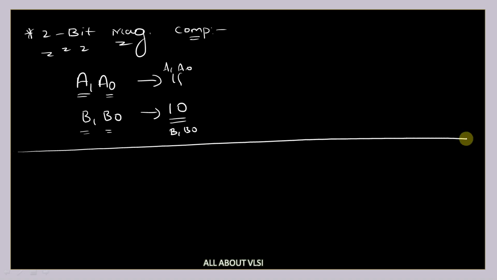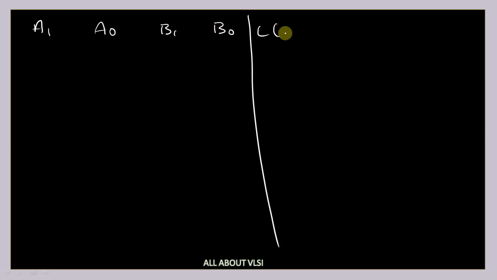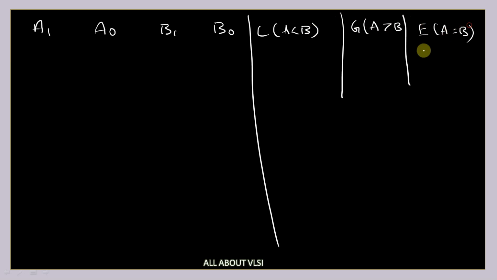For this also you can just draw the truth table. So I will write down here A1 A0 B1 B0, and the less than operation I'm calling A less than B, and greater than is nothing but A greater than B, and equal to, which is A equal to B. Now for 4 variables we will have a total of 2 power 4, that is 16 rows.